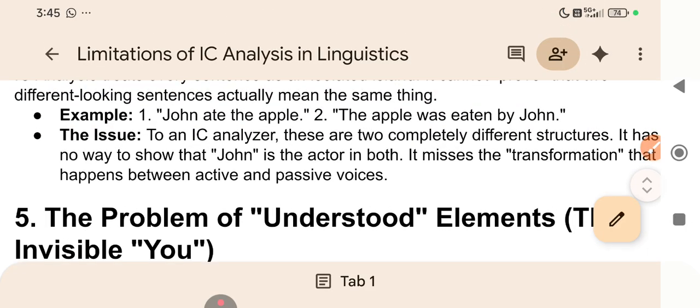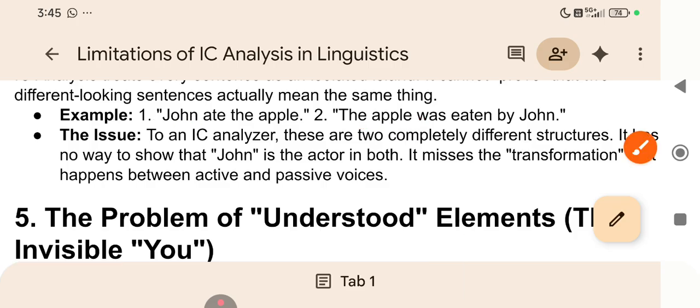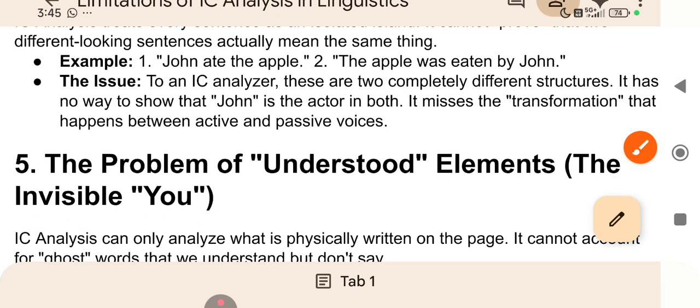How? "John ate the apple." "The apple was eaten." Here, importance is given to John, and here importance is given to the apple. So both structures are very different.